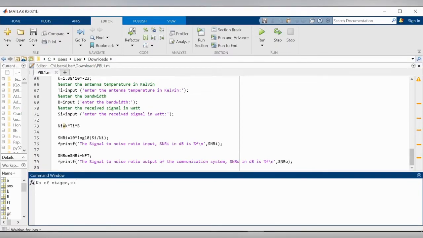Firstly, for the number of stages, we have 3, so we enter 3, and then enter the gain of all amplifiers in unitless, in array format.